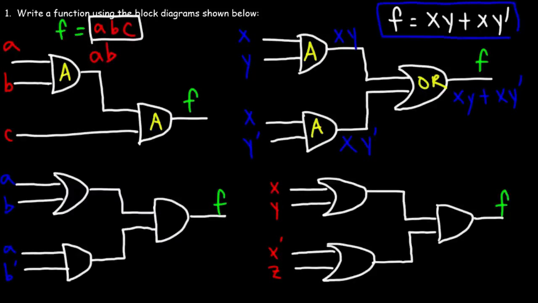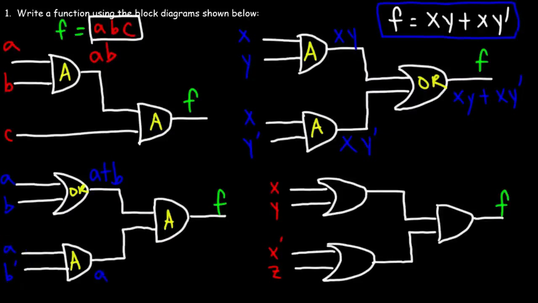And so we could say that function f is equal to XY plus XY prime. So that's how we can write the function given a block diagram. Now let's consider the third one on the bottom left. This is an AND gate, and so is this one, and here we have an OR gate. When dealing with an OR gate, we're going to take the two inputs and add them together. So this is going to be A plus B. And for the AND gate, we're going to take the two inputs and multiply them together.